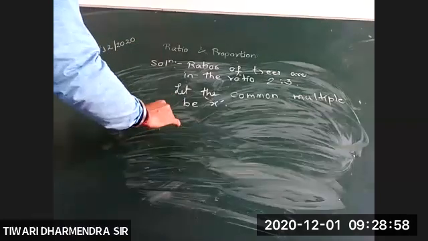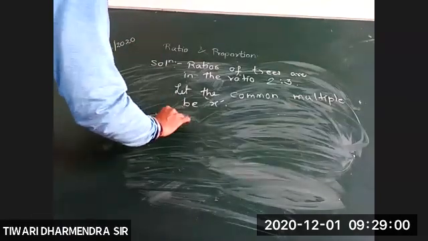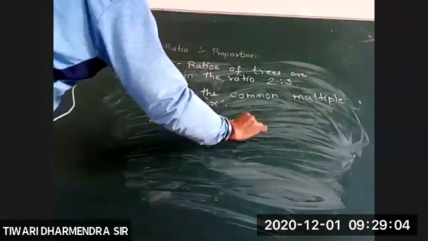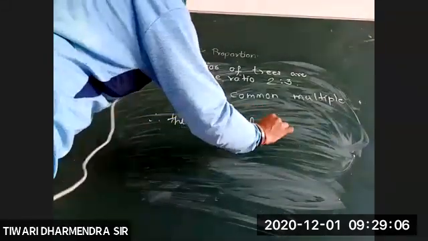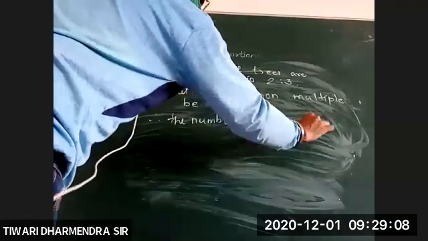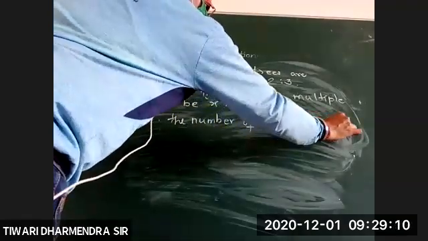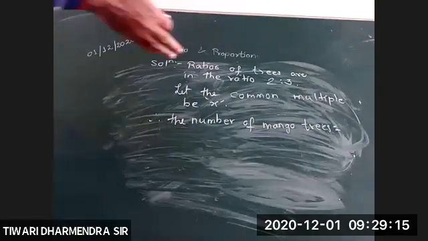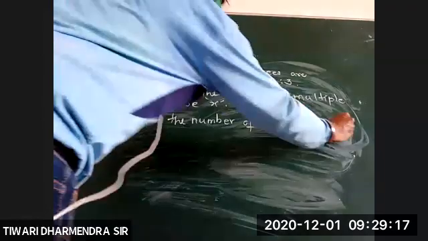Therefore, the number of mango trees is equal to, as we are writing ratios of mango to chiku, so mango will be 2x.